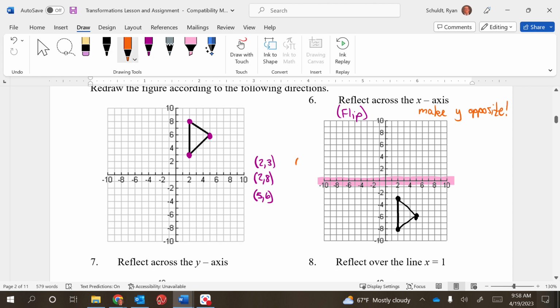So our new points would be 2, negative 3, 2, negative 8, 5, negative 6. That's a terrible cloud, but anyways, that's what we did there.